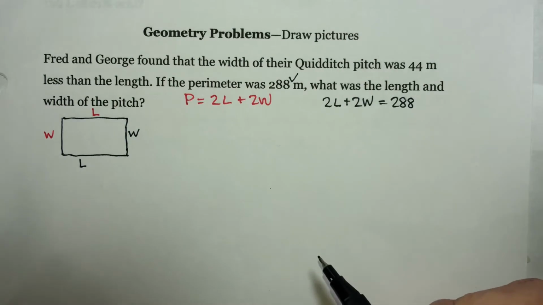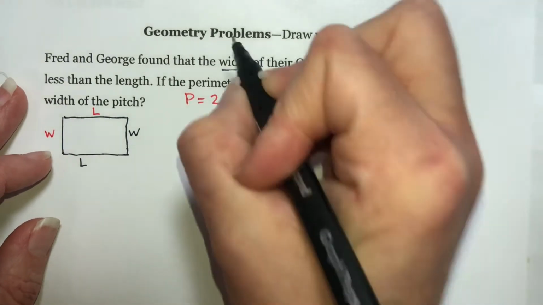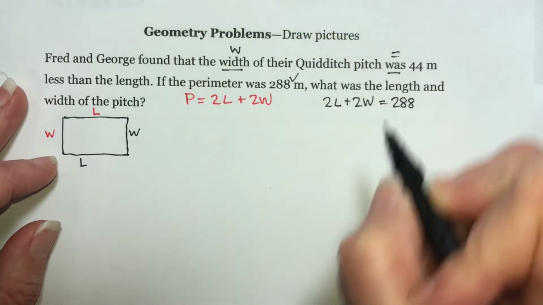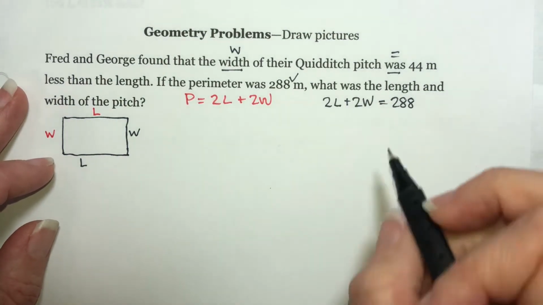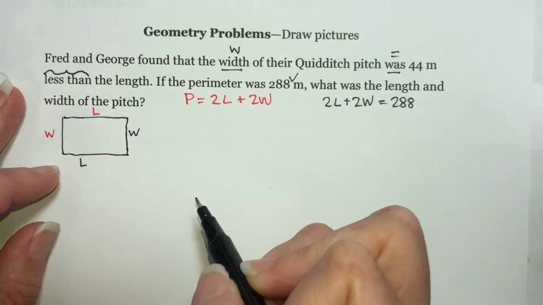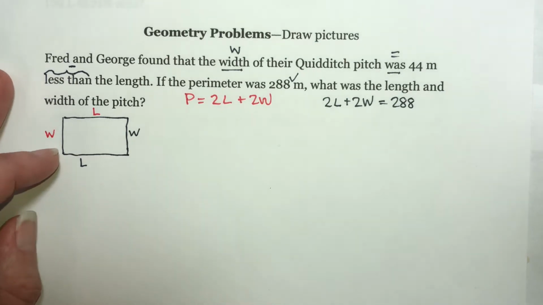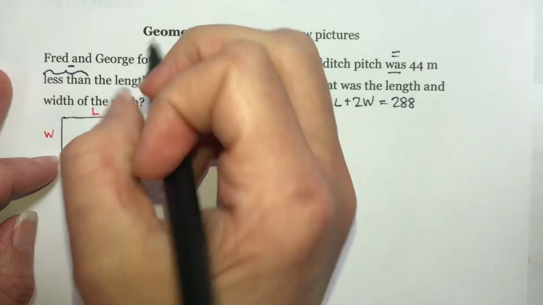Let's look at the other numbers we haven't used. The width was, so W equals 44 meters less than, this is a translation problem. That's some sort of subtraction. And if you remember, subtractions we have to really think about. Less than the length.